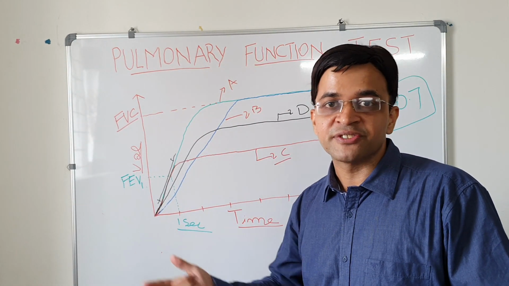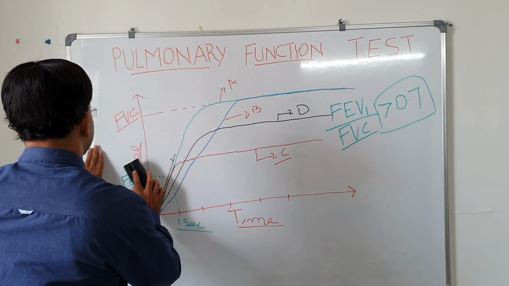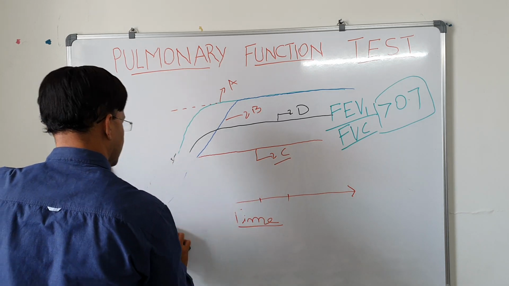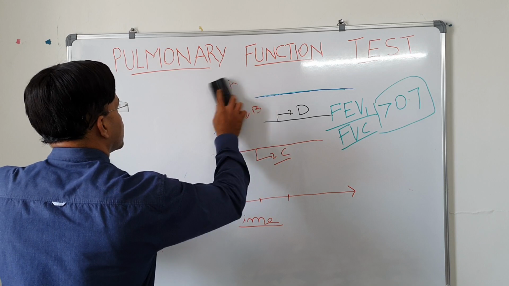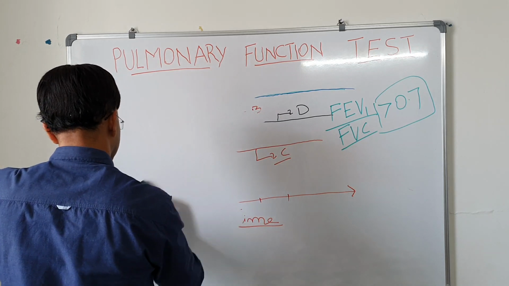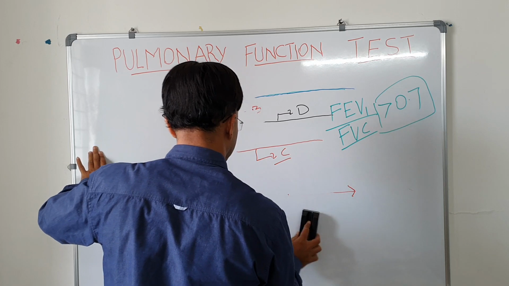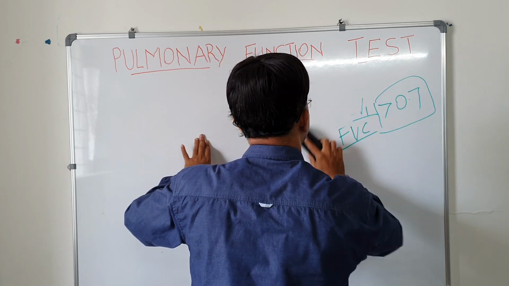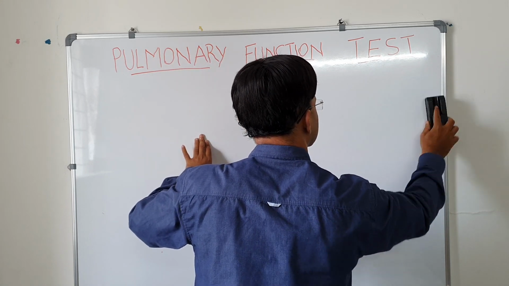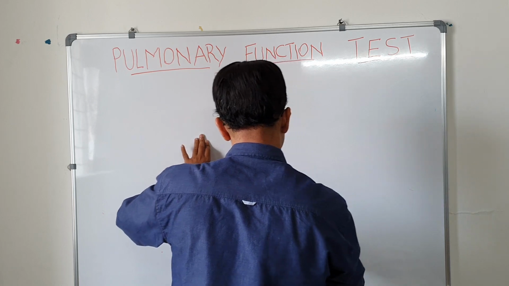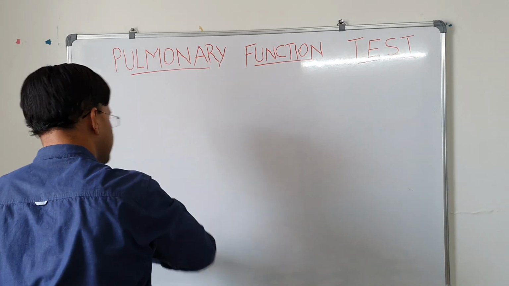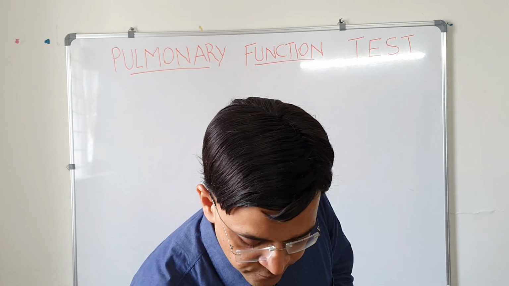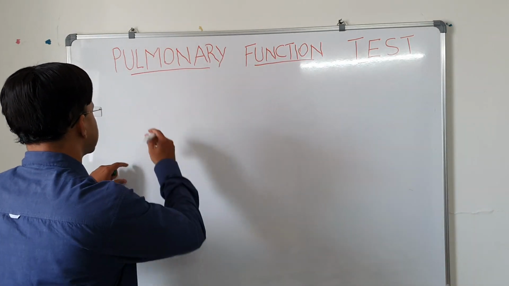Now we'll go to another interesting graph, and that graph is more popularly called flow volume loop. In flow volume loop, we will have two axes.